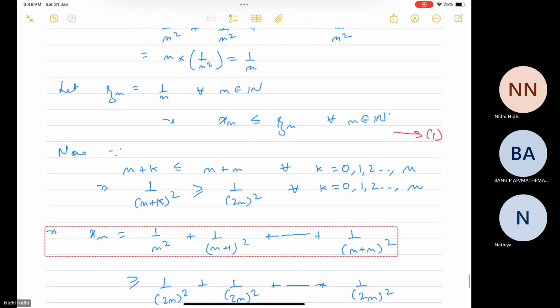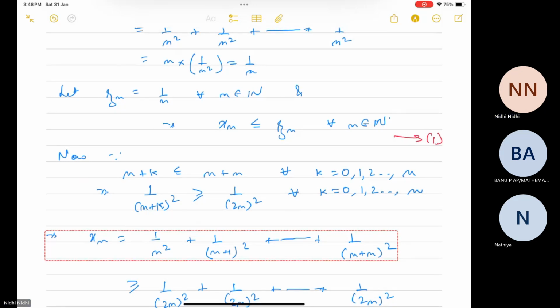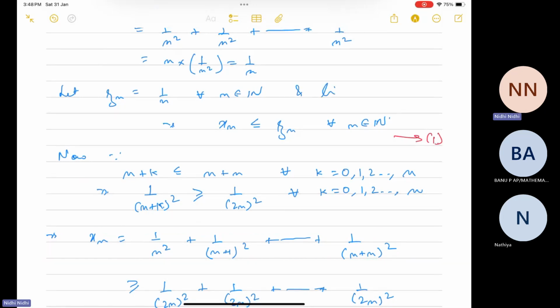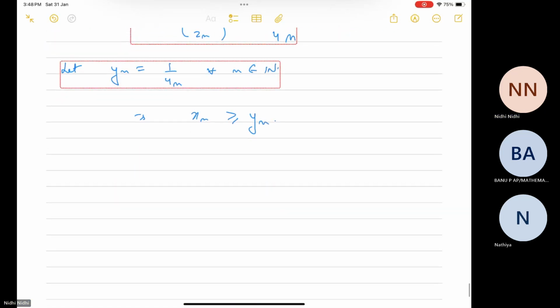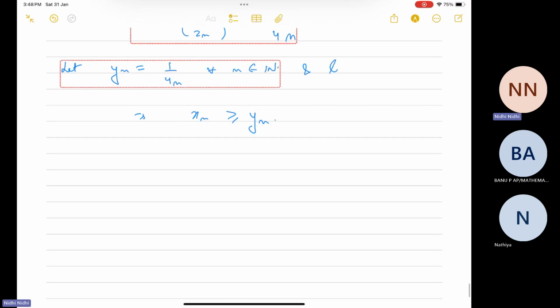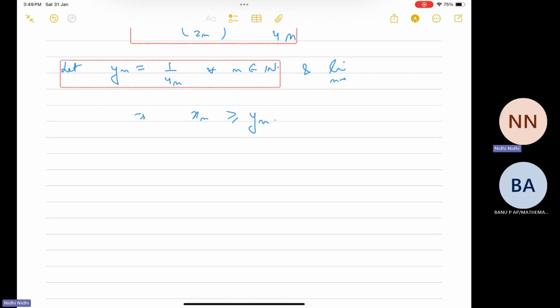Also, we all know that the sequence 1 by n converges to 0. Here again 1 by 2n will also converge to 0.